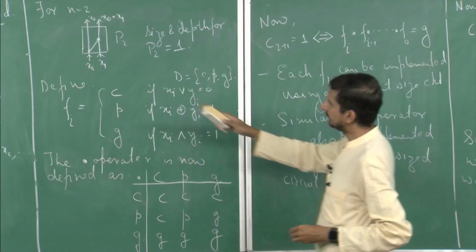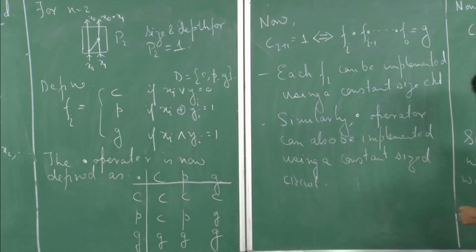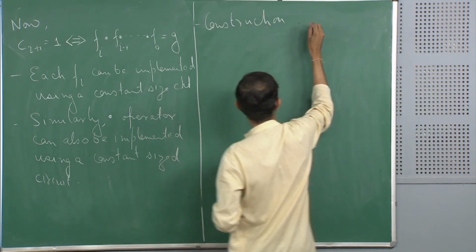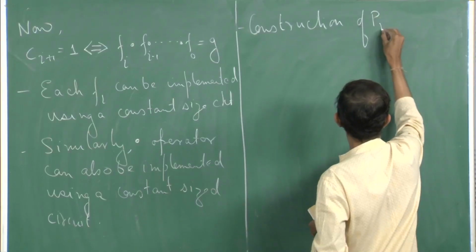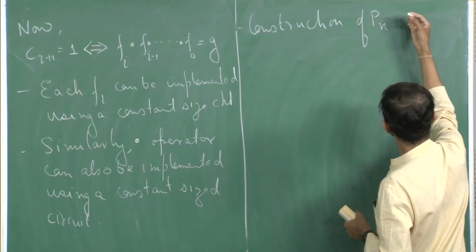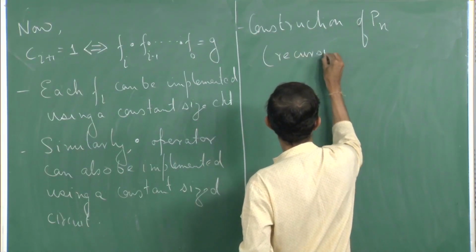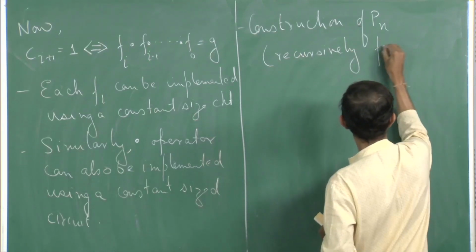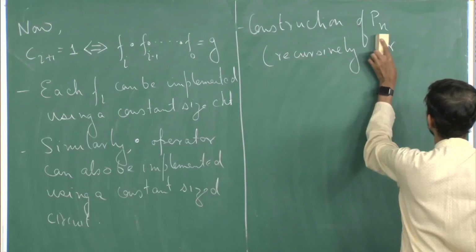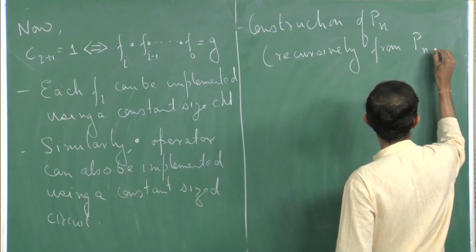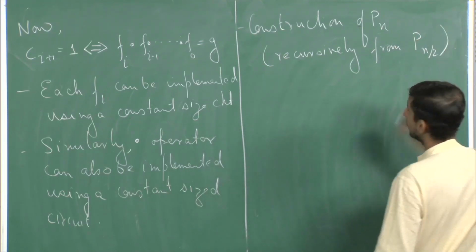So we know that this is the base case, so we know how to compute P2. Let us see how to compute Pn. Construction of Pn: we will do it recursively from P of n by 2.